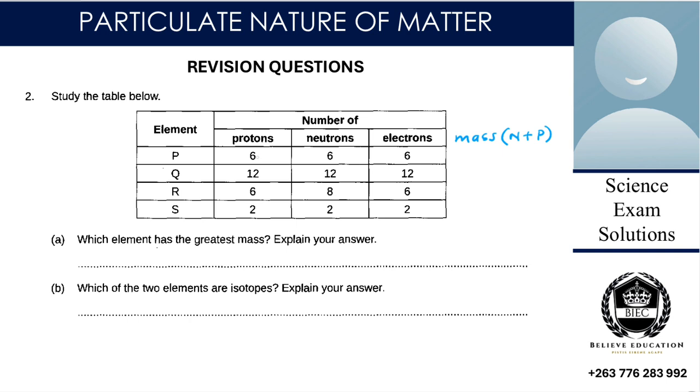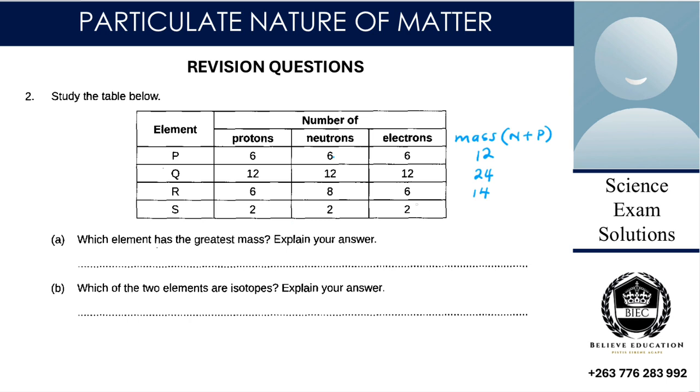So protons, that's 6 plus neutrons 6 here at first, so the mass is what? 12. And then the next, 12 plus 12, the mass is what? 24. Then the other one, 6 plus 8, the mass is 14.